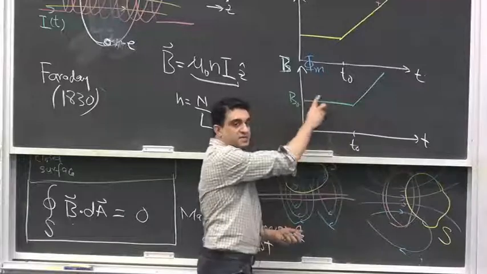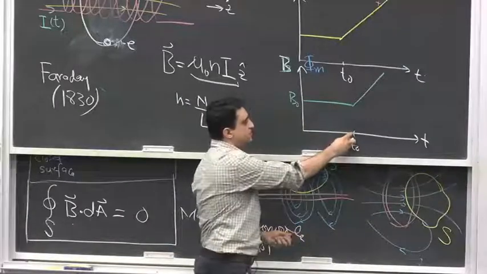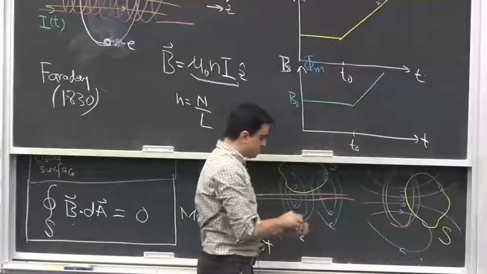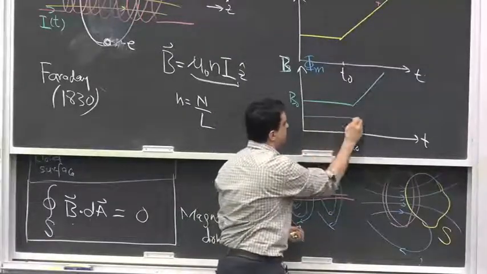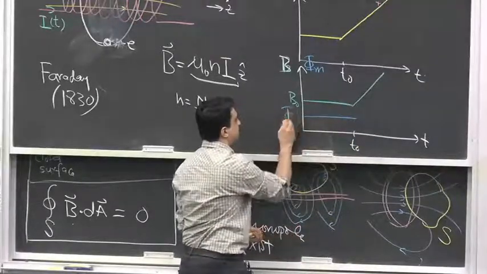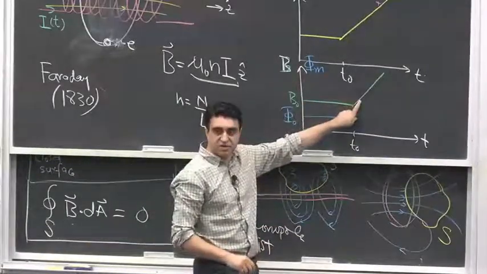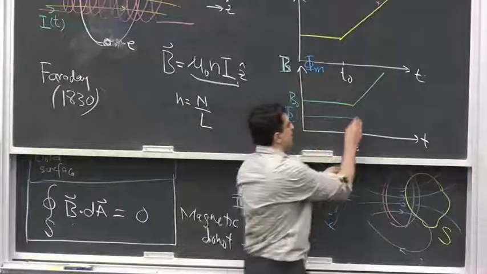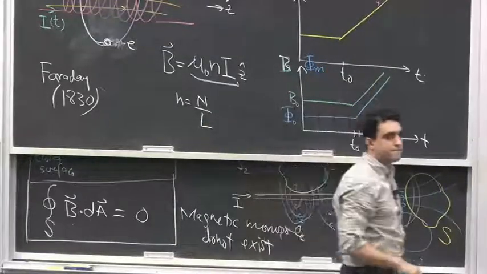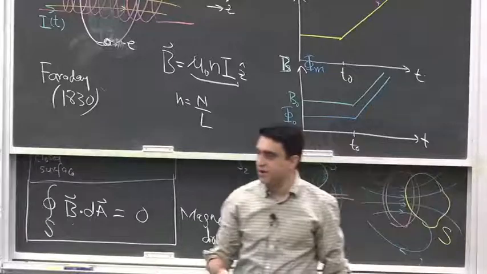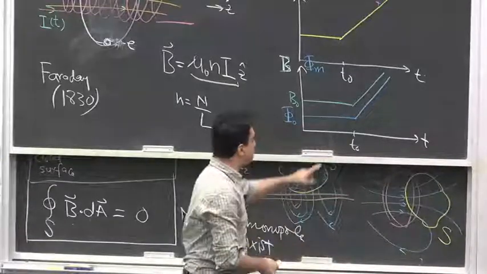The magnetic field is constant by this time, so the magnetic flux through that surface is constant. Let's say that flux is phi naught. But when you are increasing the magnetic field, that flux also linearly increases.